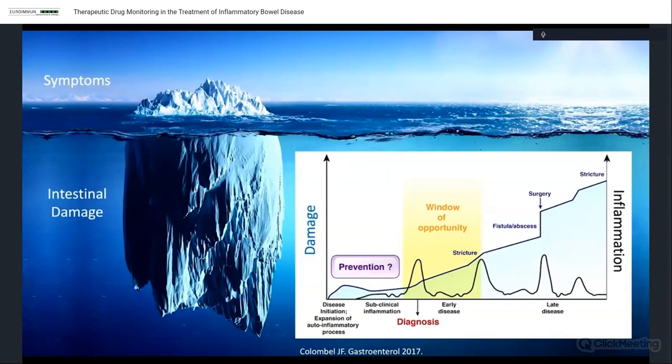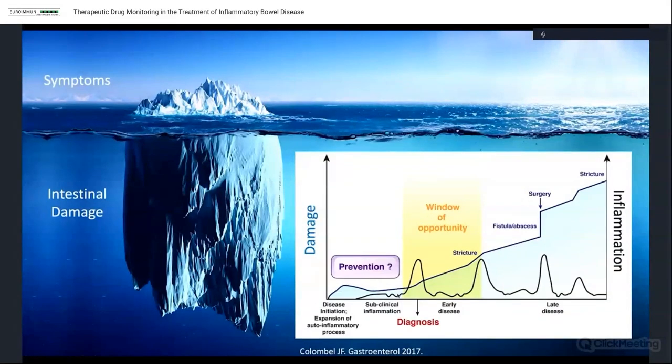So this concept of intestinal damage and preventing it is displayed in the graph on the right. And in patients, inflammation, represented by the undulating black line at the bottom of this graph, can come and go and may or may not rise to the level that it creates symptoms.